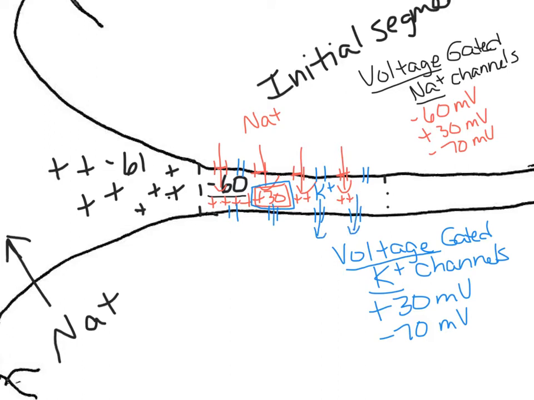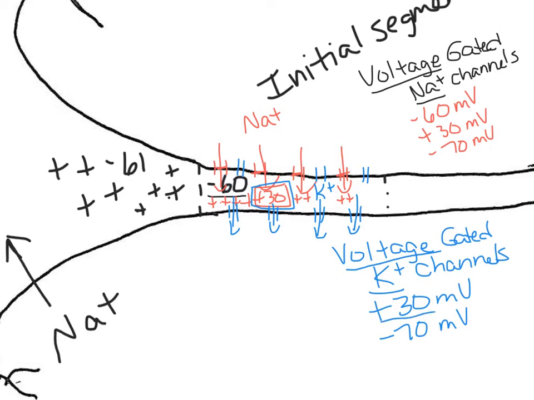Unless it's being pumped back in, potassium will always exit the cell. So now we have positive charges leaving. So now what's going to happen to the inside of our cell? It's going to become more negative again. Positive charges are leaving, it becomes more negative.